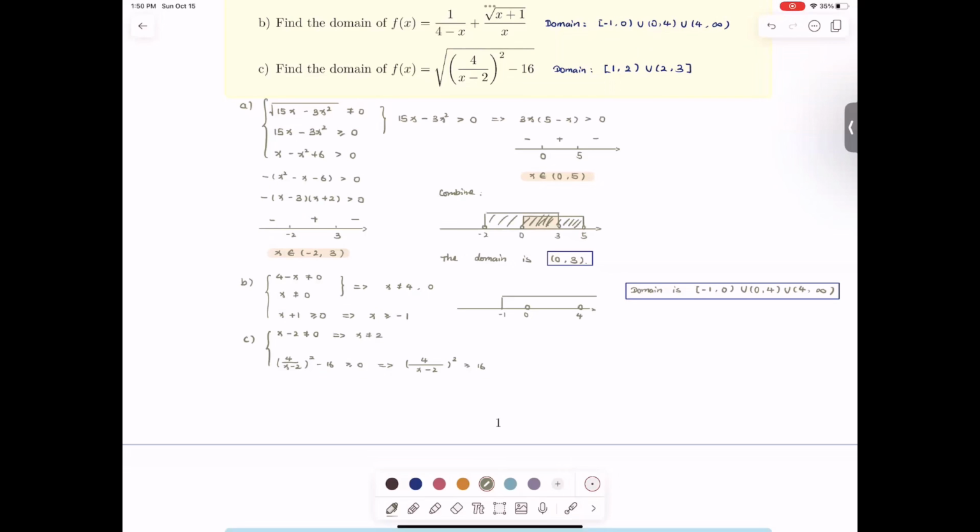Can I square root both sides? Yes or no? Can I take square roots on both sides? Guys? Yes, okay, because both sides are positive, right? Square root both sides. You need to be careful because the right side is not 16. What's the right side?